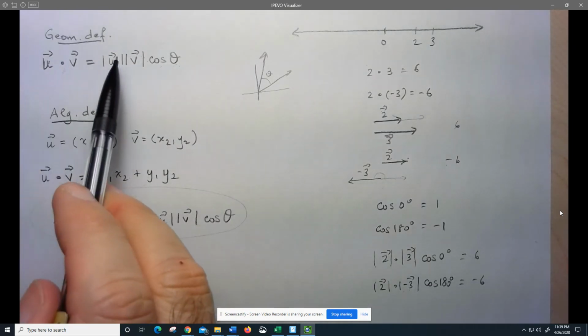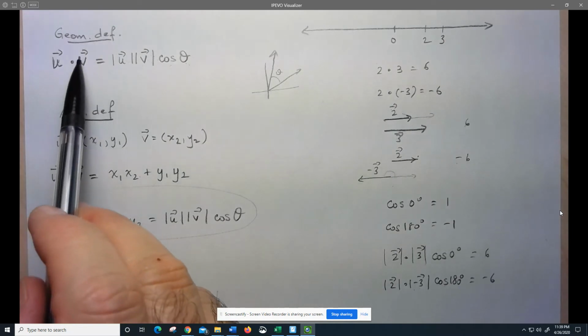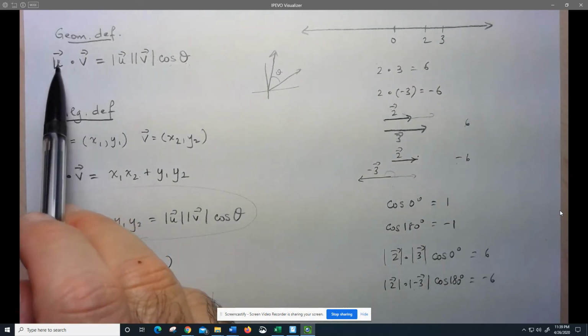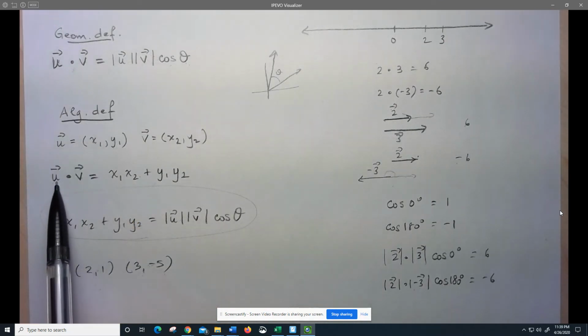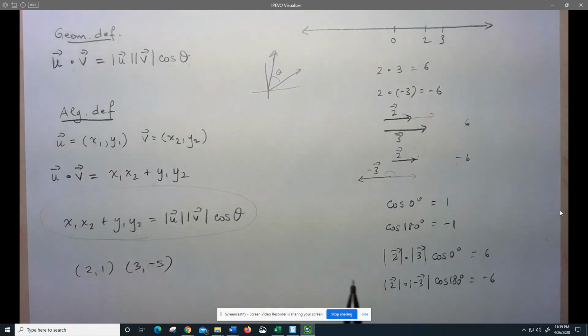Okay, now the other thing that I want to make sure you notice is that while I am taking the product of 2 vectors, the result is actually a number. Remember I said before, why wasn't I putting vector symbols over those 6's?